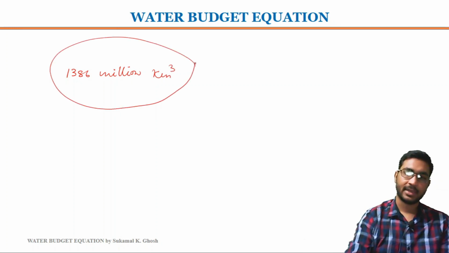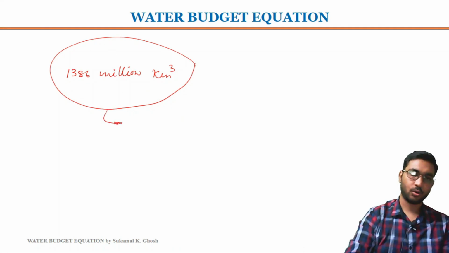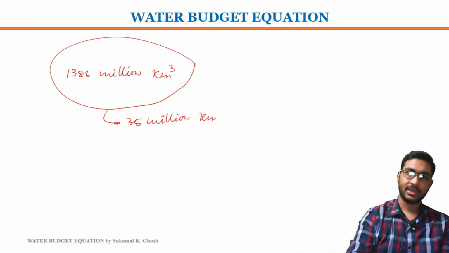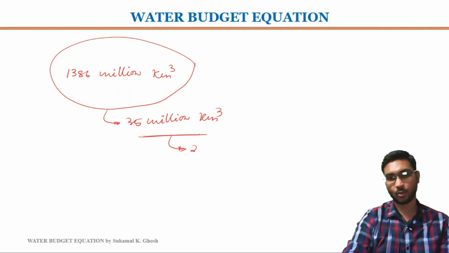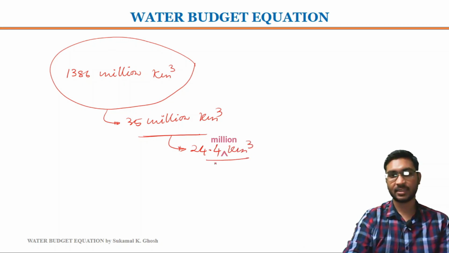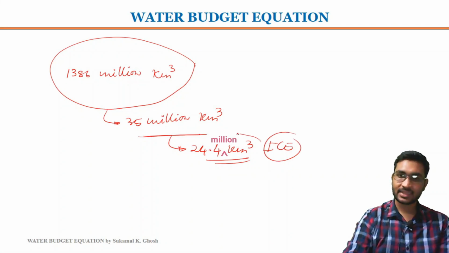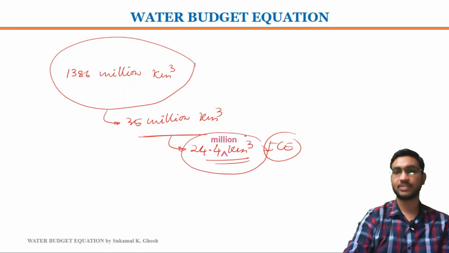Out of this water only 35 million kilometer cube is fresh water, and out of this 35 million kilometer cube, 24.4 million kilometer cube is in the form of ice and glaciers. Okay, it means this amount of water is in a frozen state.